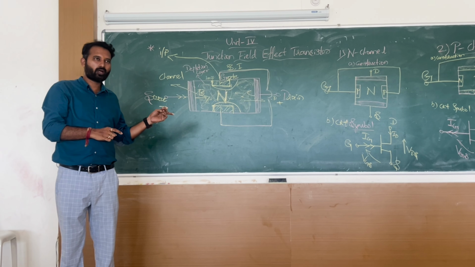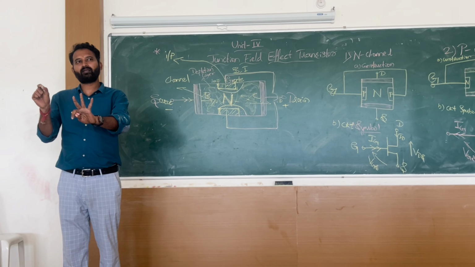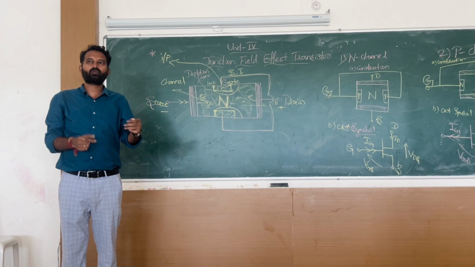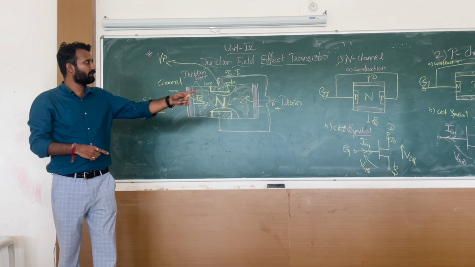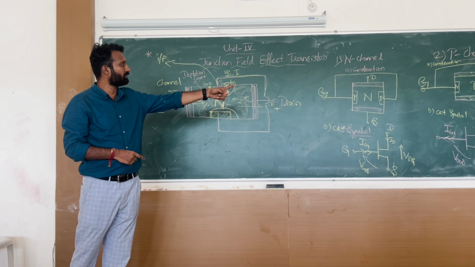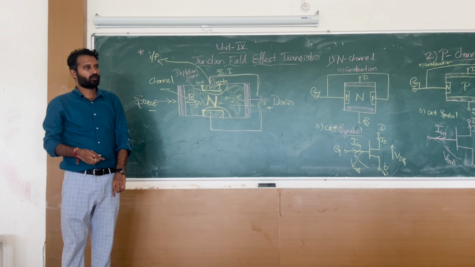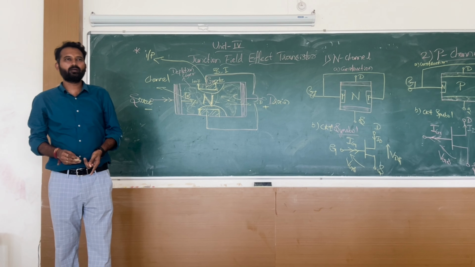It is unipolar. Now how many terminals does it have? Three terminals. You can mention them: source, gate, drain. What is it made up of? Semiconductor material. And it is available in two configurations, N channel and P channel configuration. Clear? Got the definition?